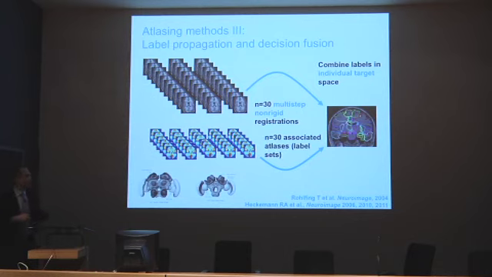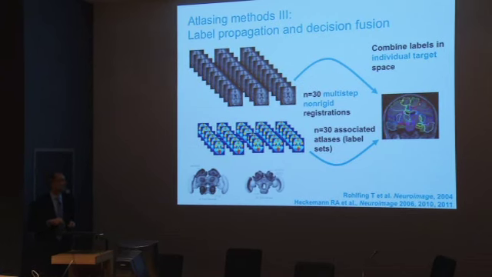Now, why would this be better than the maximum probability approach? Because it conserves the information contained in the manual outlines up until the last minute, and also because there will be random errors in the registration process, and there will be random uncorrelated errors in the manual outlines, and they will cancel out to a degree.